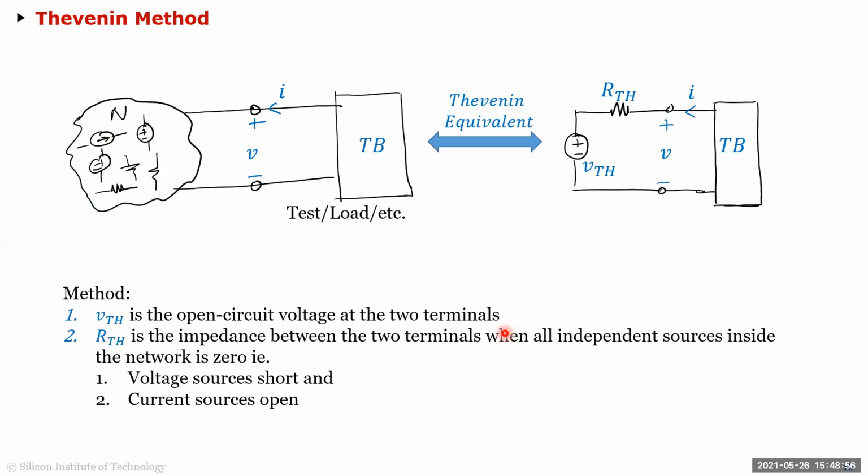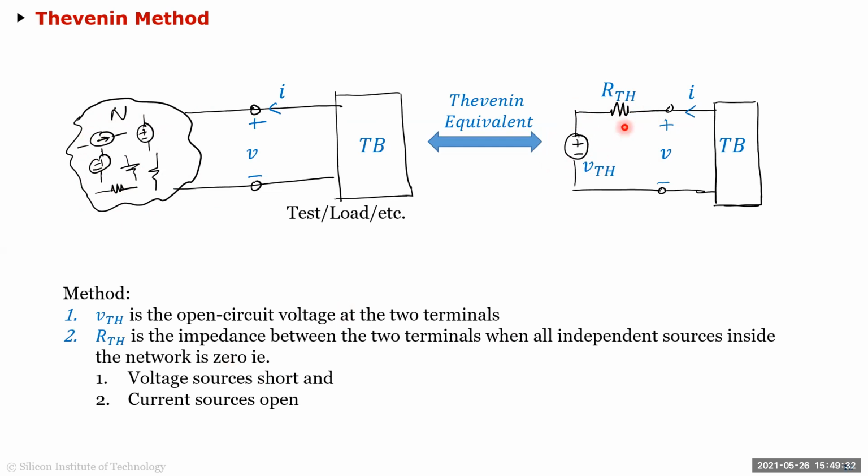Okay, so like what Swadesh was asking, source transformation. Yeah, you can do that, and usually the theorem or the method you use is Thevenin's or Norton's method. If you have a linear circuit, like let's say this is a linear circuit with a lot of linear elements in it, all the linear elements I showed you, then you can represent this entire circuit as a Thevenin equivalent, like this, where you have a voltage source in series with a resistance.